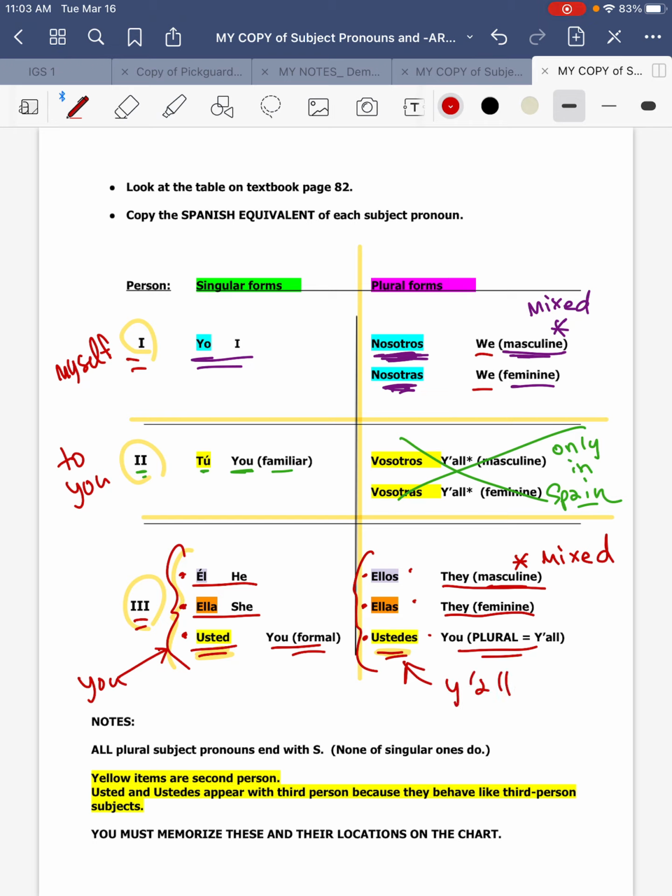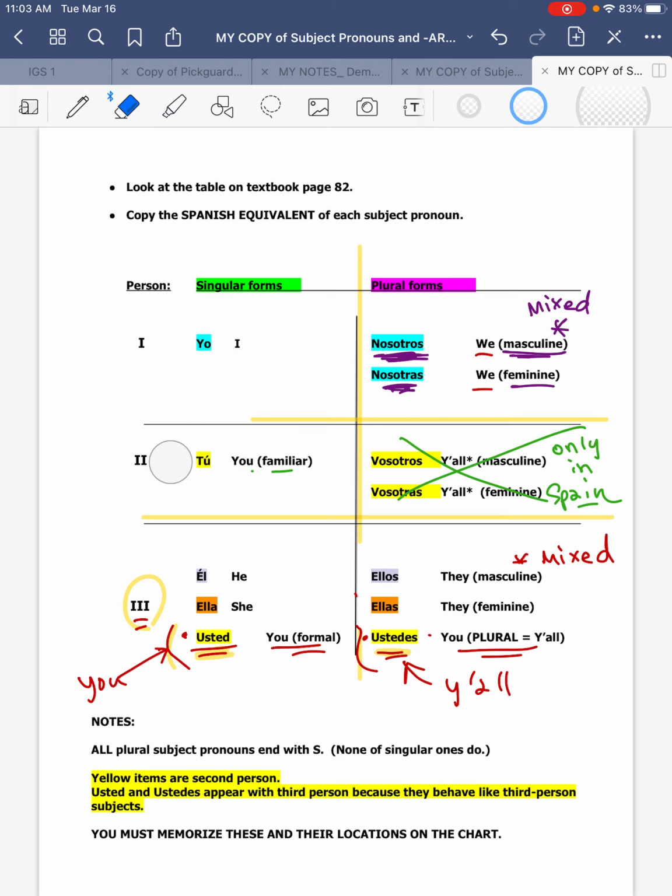Those yellow ones are my second person. And then if I'm talking about someone else, this is when we use the third person. Él, I'm talking about him. Ella, I'm talking about her. Ellos, I'm talking about them. Or ellas, I'm talking about them, and they are all girls.